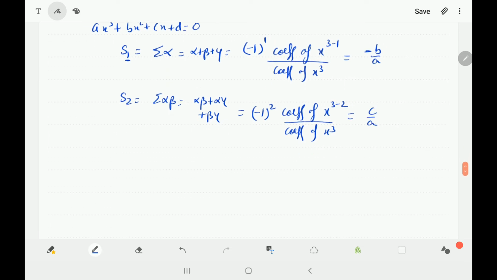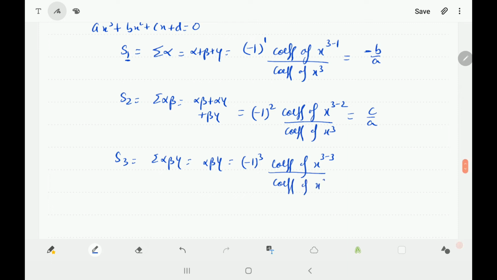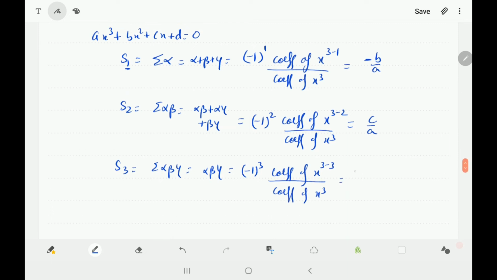So this will become c by a. And say if I write S3, this will be summation of alpha beta gamma, minus 1 raised to the power 3, coefficient of x raised to the power 3 minus 3 upon coefficient of x cube, which will be d by a, or say minus d by a, because minus 1 raised to the power 3 is present. So I hope it is getting clear.